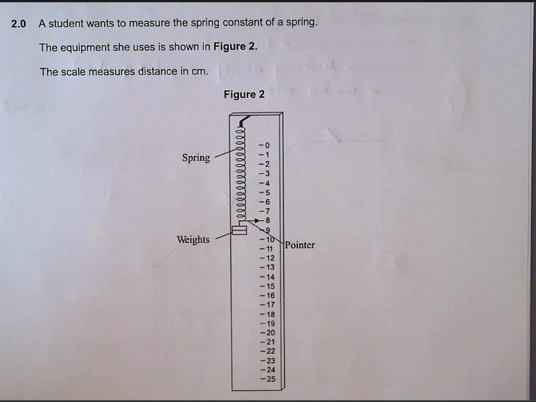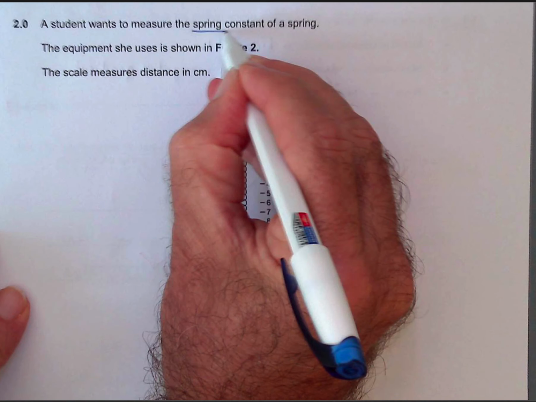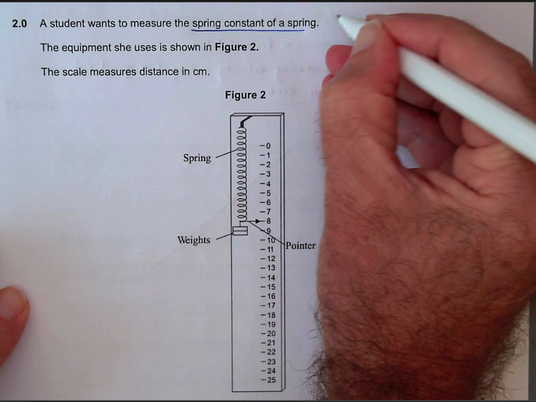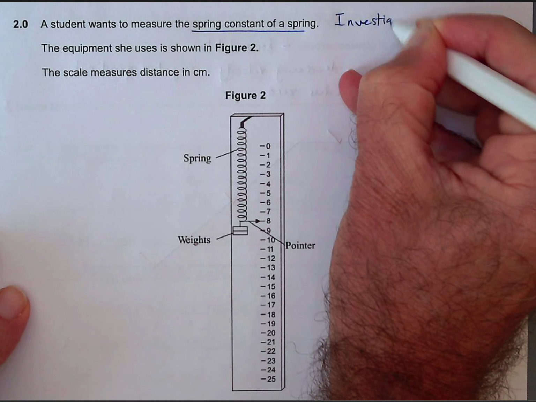Question 2 is about Hooke's law. So the student wants to measure the spring constant of a spring. So this is investigation skills they're going to test you on.